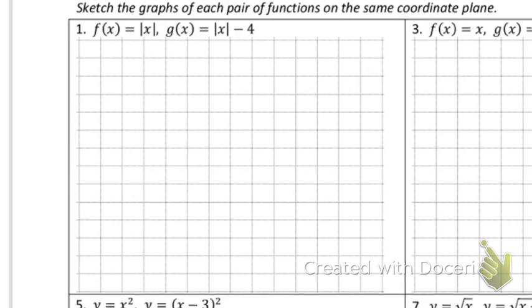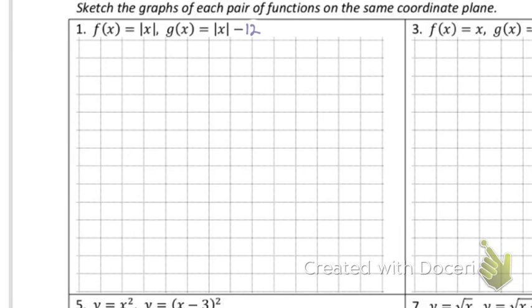Let's say this one was negative 12. I'm going to think in my head, I need to move over 12 units, and I'd be going down 12 units.